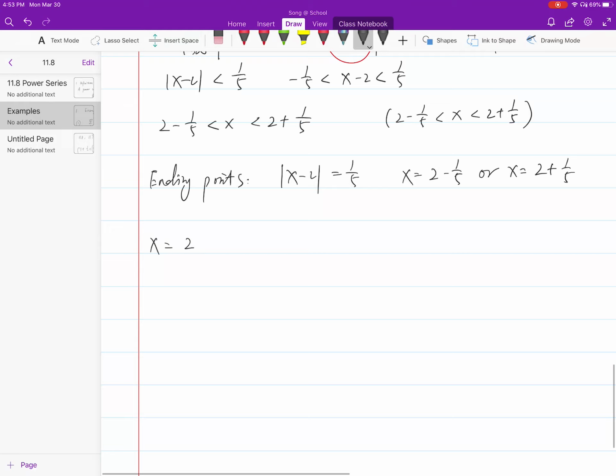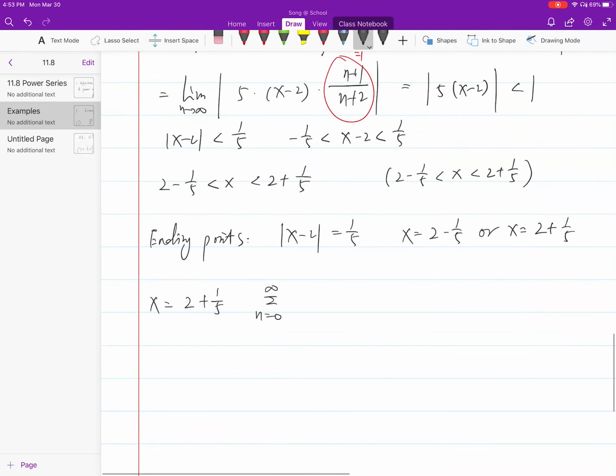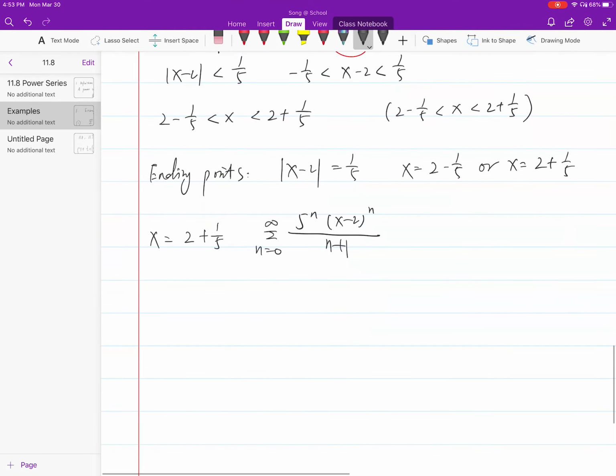x equals 2 plus 1/5. Then the whole thing, I will copy it here: 5^n (x minus 2)^n divided by n plus 1. Okay, it's going to be the sum from n equals 0 to infinity of 5^n times (1/5)^n over n plus 1.